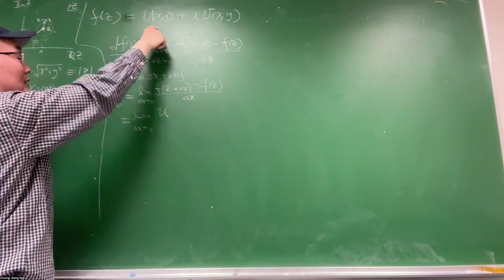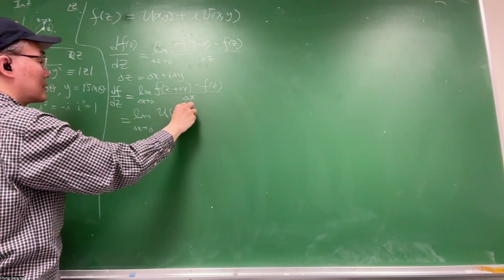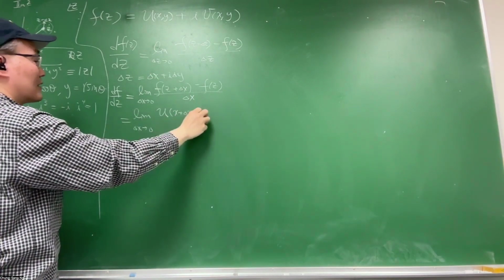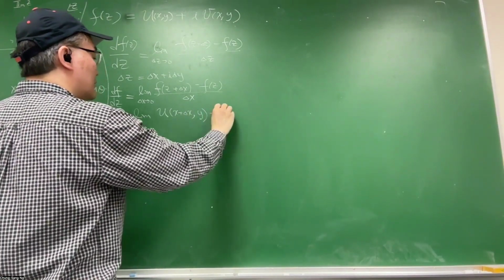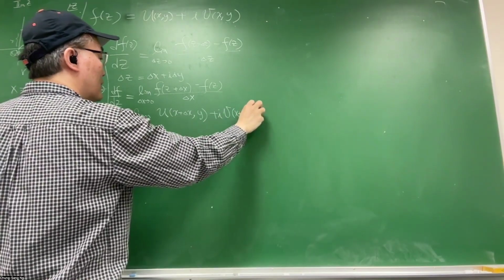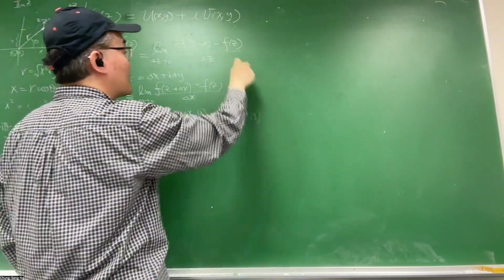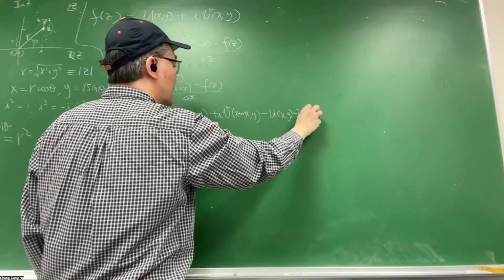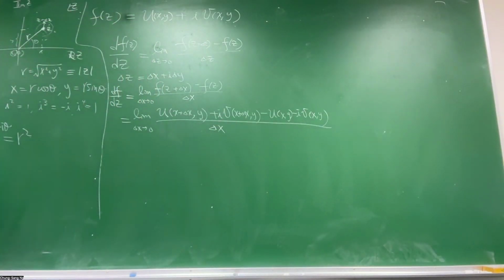For the first one, x changes to x plus delta x, and y is the same because delta y is zero, and then plus i times v of x plus delta x, y. And they subtract the other way, which is just u minus i v of x, y.